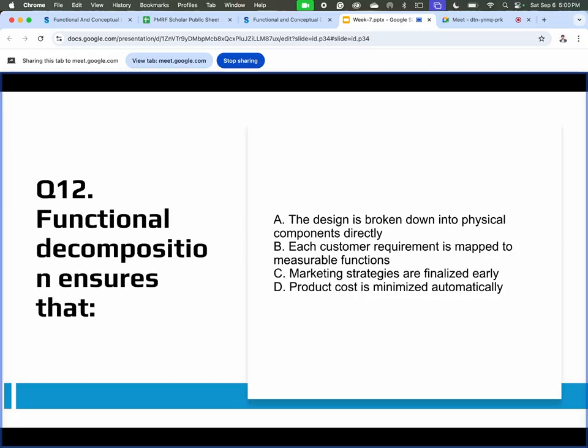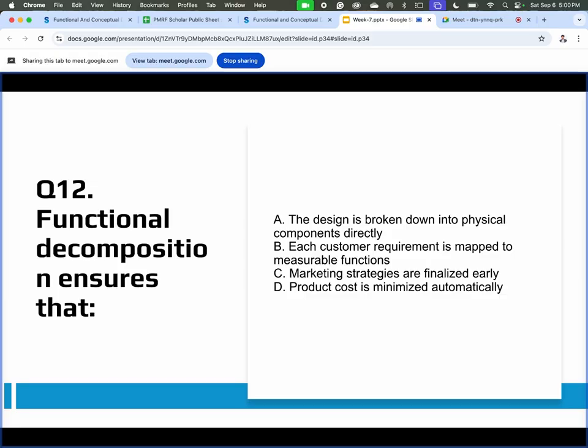The purpose of functional decomposition is to bridge the gap between abstract customer requirements and measurable technical specifications. For example, the need keep coffee hot becomes the function maintain liquid at 70 to 80 degrees Celsius. This makes the requirement actionable and testable.